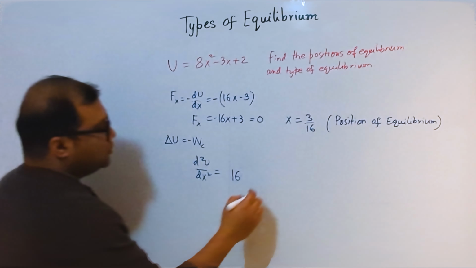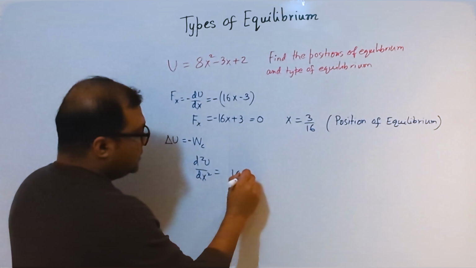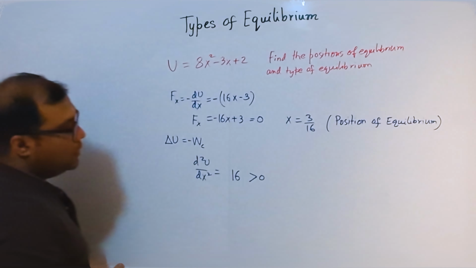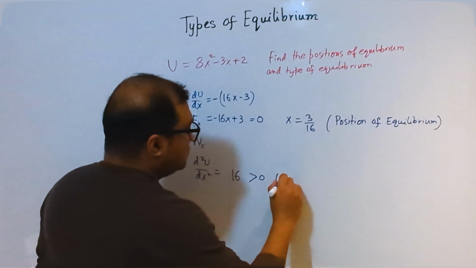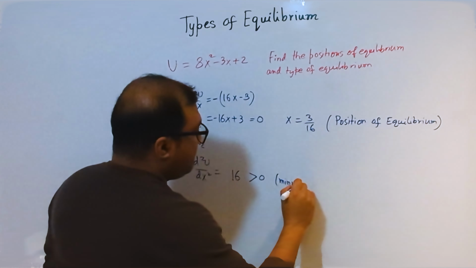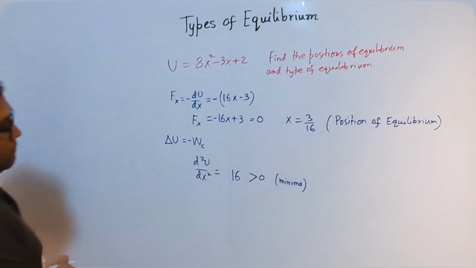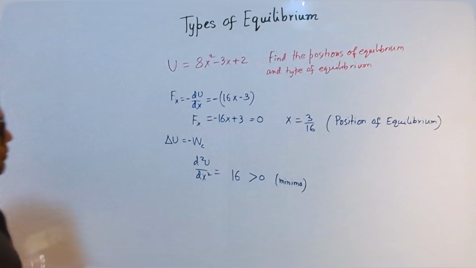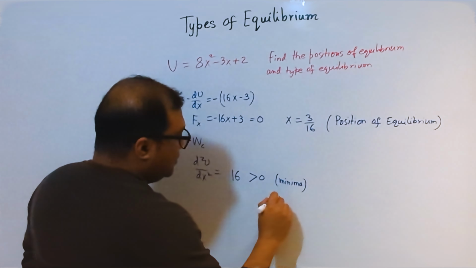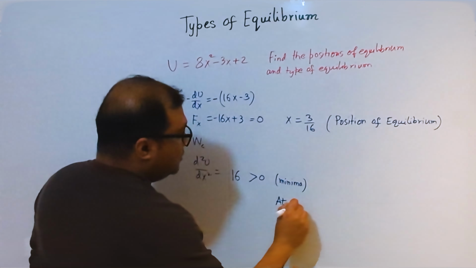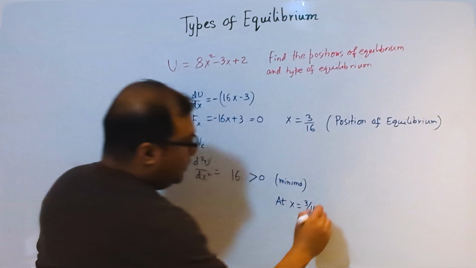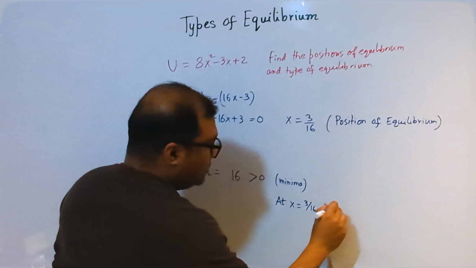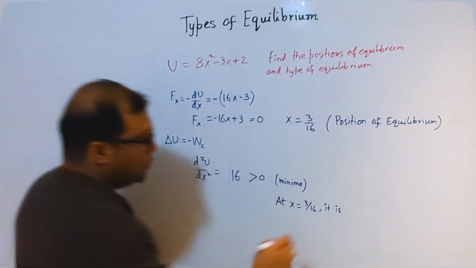So at x equals 3 by 16, d square U dx square is greater than 0, which means this is a minima. Okay, so at x equals 3 by 16, it is stable equilibrium.